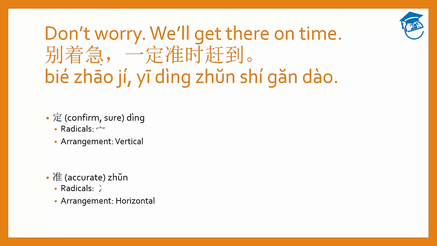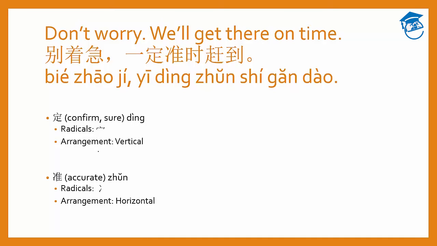Okay? The next part of the sentence, 一定准时赶到, has a few new words. So let's look at them. The first one is 定. 定, it means confirm or to be sure of something. Okay, I'll explain why we are using this in this sentence. This is the pinyin 定, and the radical is what's on top there.